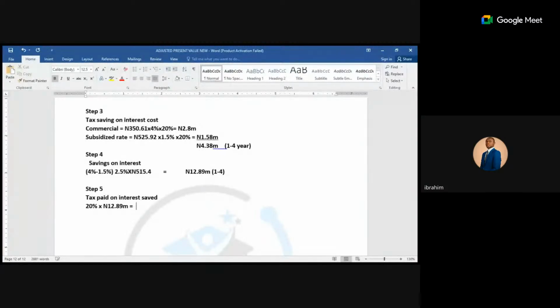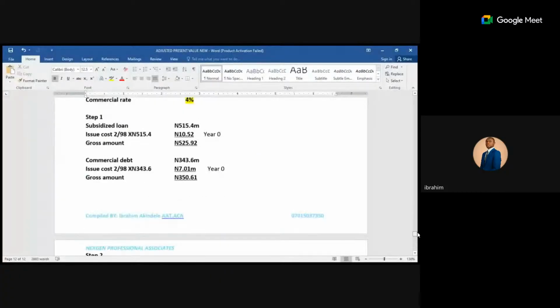What do we have? 2.58. Because tax is not being paid in arrears, it's being paid in the year in which the profit is made, we have from year 1 to 4. If tax is being paid in arrears, we have from 2 to 5, right? So we are done with this.